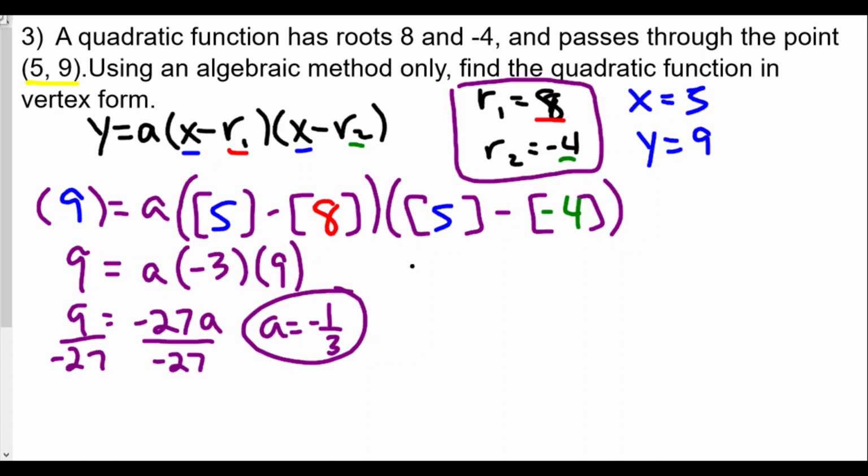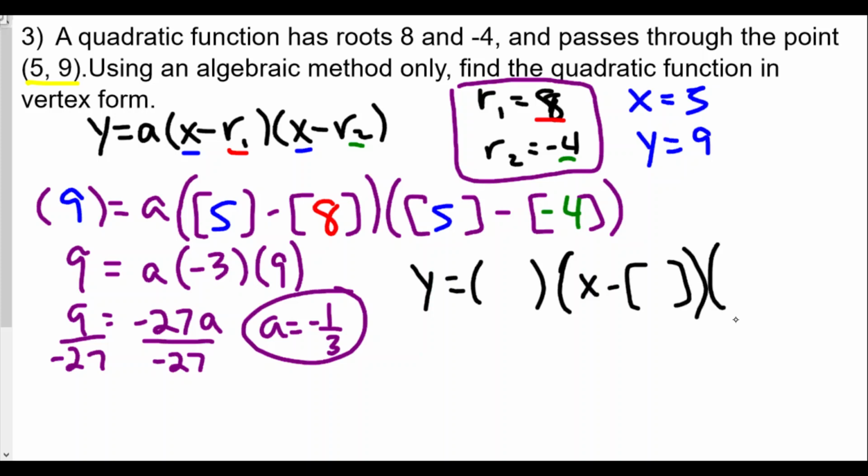So now y is equal to a, which is -1/3, times (x minus r1) times (x minus r2), where R1 was 8 and R2 was -4.